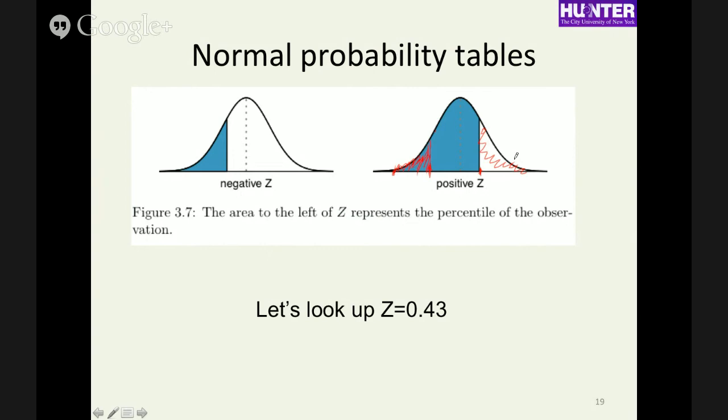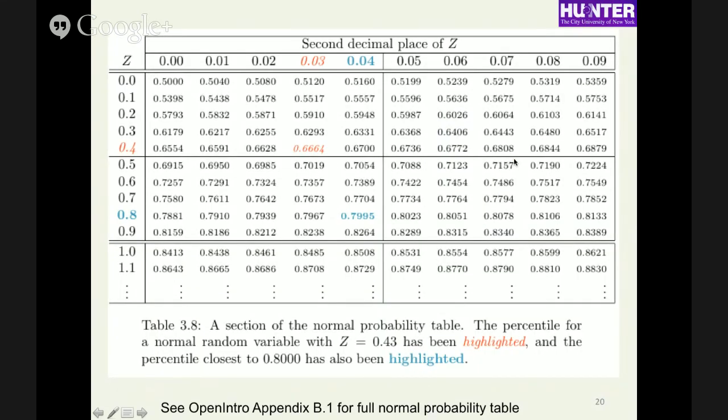So let's look up, for no particular reason, z equals 0.43, just to quickly show you. Actually, I'm going to go through this pretty quickly because you will get plenty of practice with this in the lab in the assignments. But this is what your standard normal distribution table looks like without the shadings. The shadings are here as a hint to you. If you want to look up 0.43, you look up 0.4 on the row, go over to 0.03 in the column.